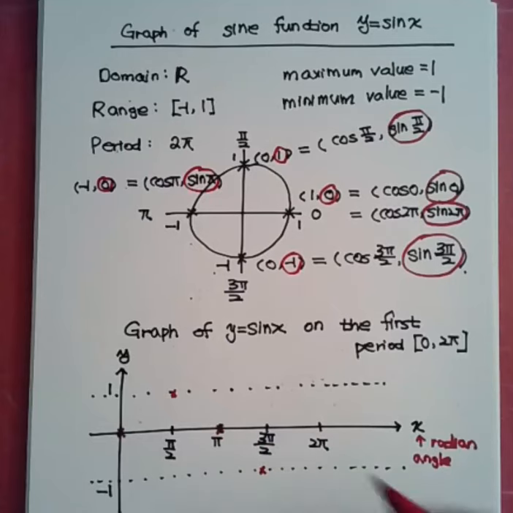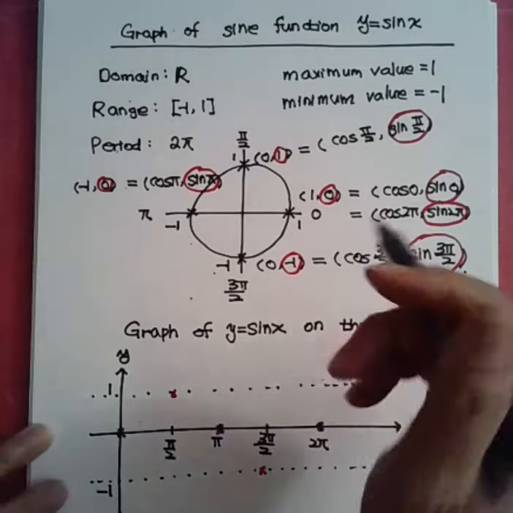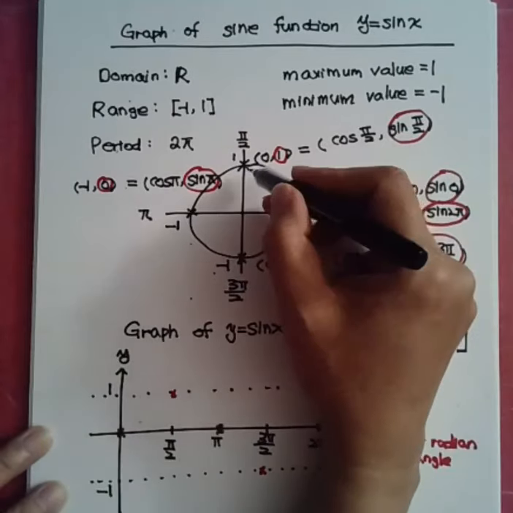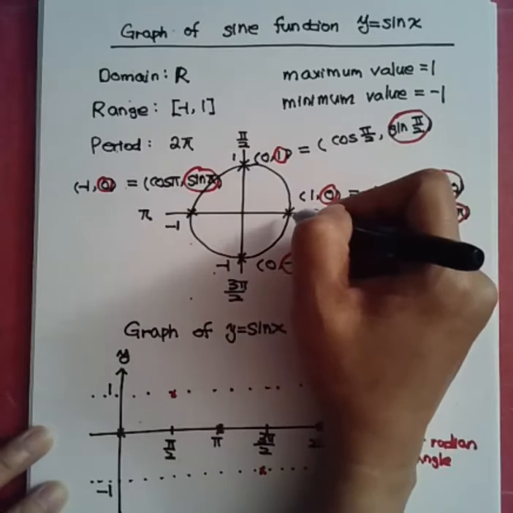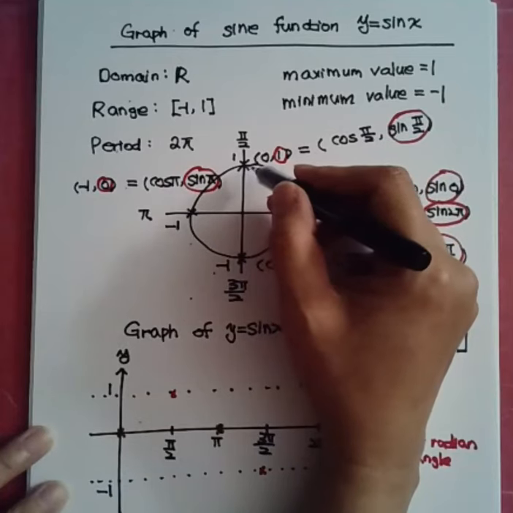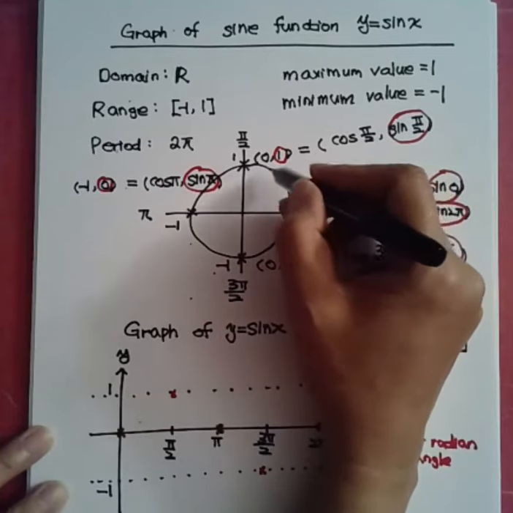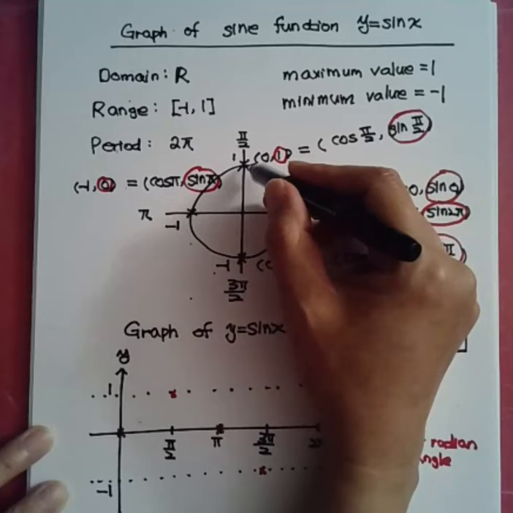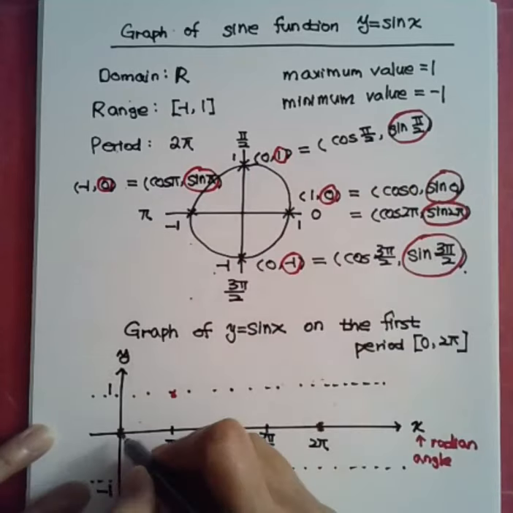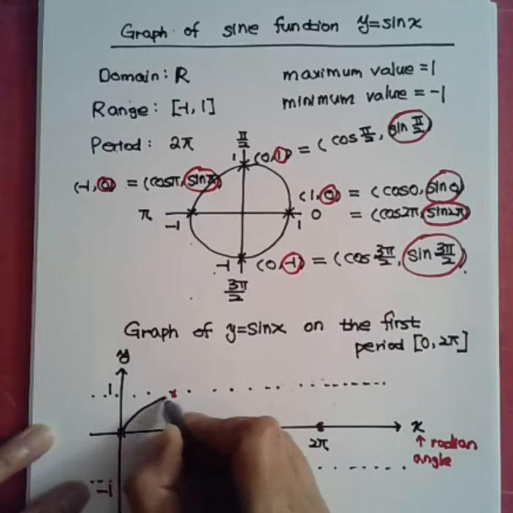And when it is 2 pi, that is 0. If you look at the unit circle between the angle 0 and pi over 2, the y value gradually increases until it reaches 1. So all we have to do is connect these 2 points smoothly.